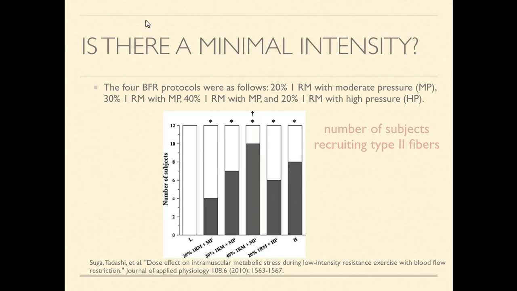What you're seeing here is that 40% 1RM plus moderate pressure blood flow restriction triggered recruitment of type 2 fibers. So this suggests that if you're going to failure and you're going to use a high repetition range at low weight, you need a minimal intensity of 40% to maximize that response. Anything less won't maximize motor unit recruitment.